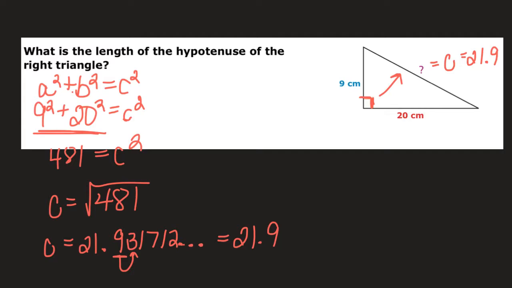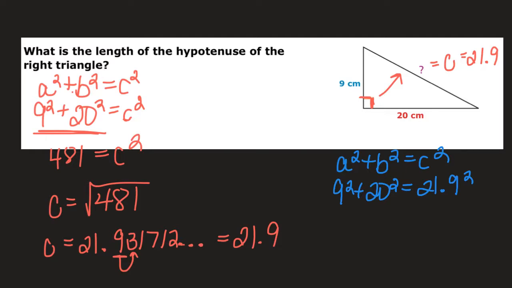And as I'm just learning my skill, if I feel the need to check, I can. I'm going to plug into my theorem. I know my legs from before are 9 squared plus 20 squared. And now I'm saying that my answer is 21.9 squared.